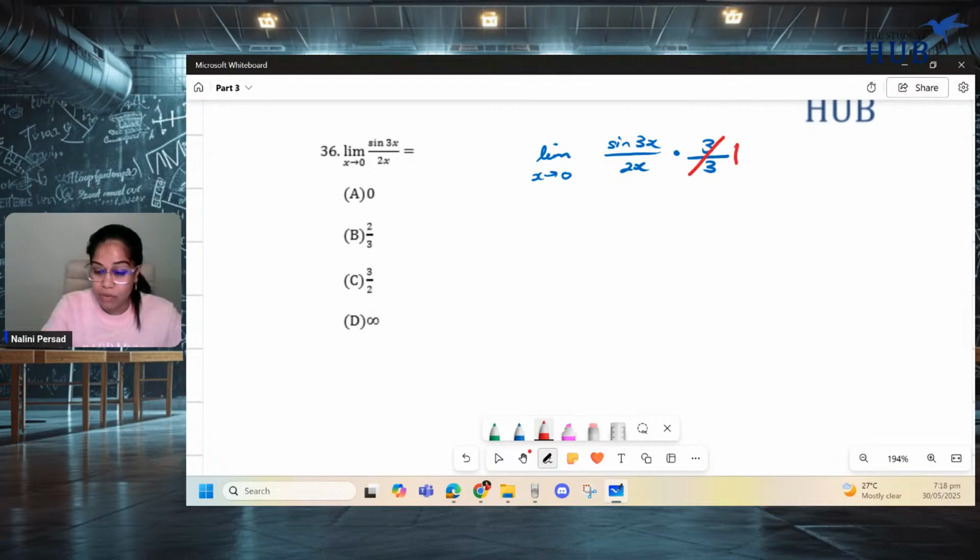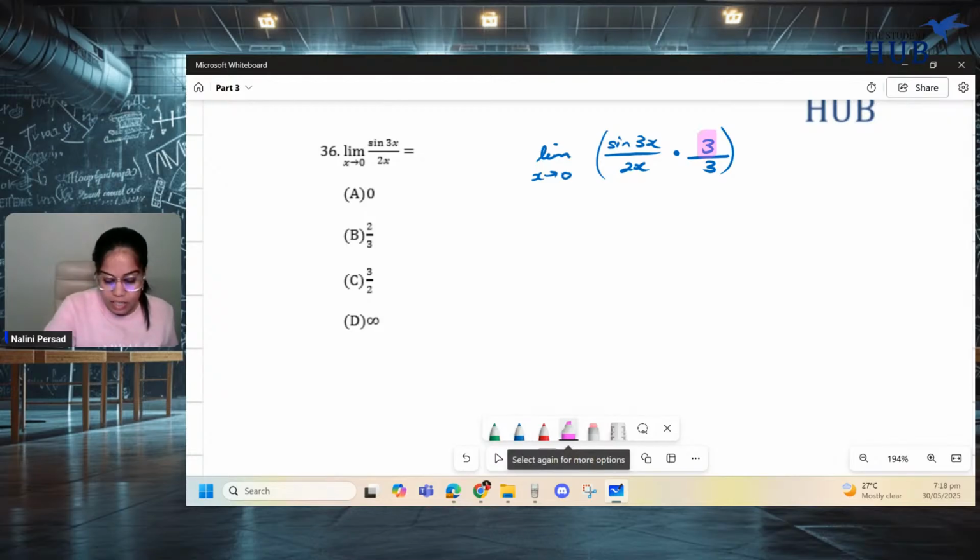I'm multiplying by 1, basically. So this 3, I am going to put it outside of the limit. This 2, I put outside the limit. Now remember, it's division by 2. Right? It's in the denominator, so you have to leave it in the denominator.